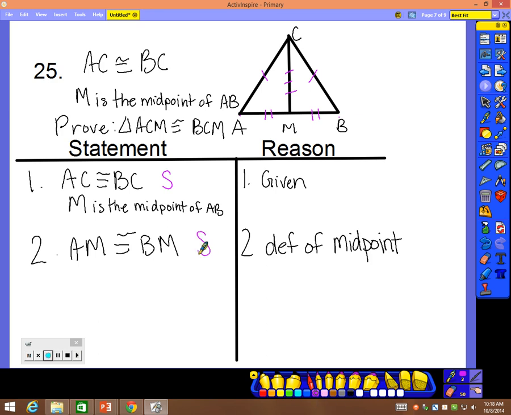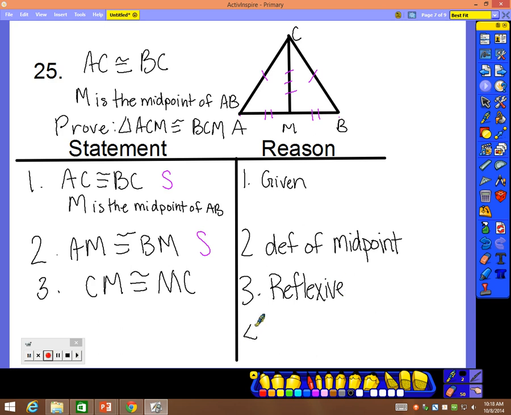And then I had a third side that I could say I got because CM is congruent to MC. That's reflexive. And finally, I do have side, side, side.